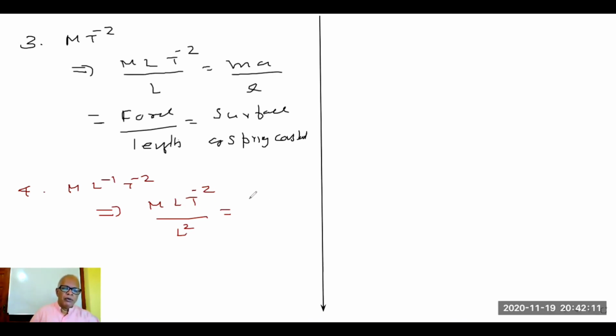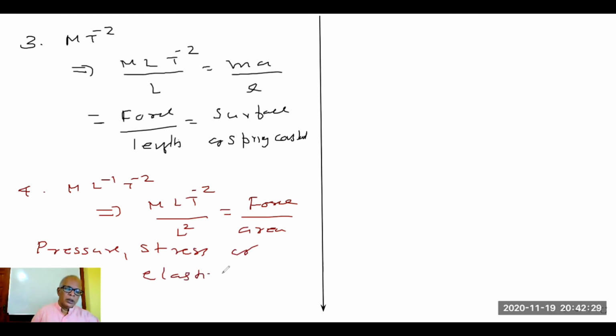That is force by area. Dimension formula: force by area. What can the answer be? The answer can be pressure, or stress, or elastic constant. Elastic constants or modulus, whatever it may be.